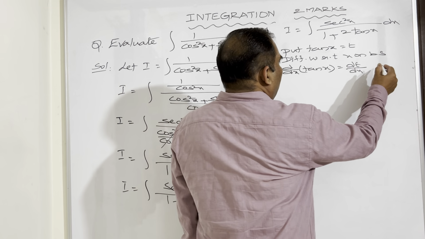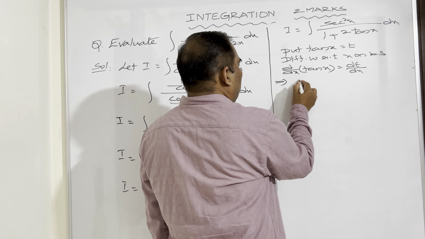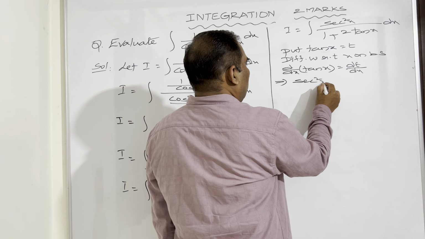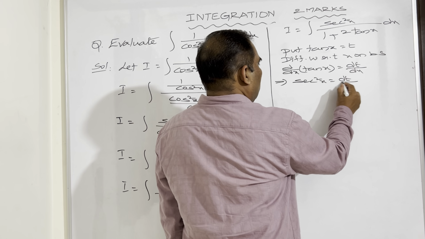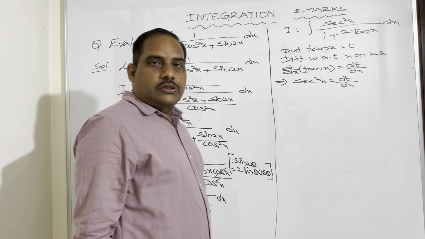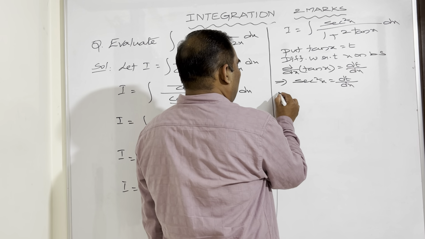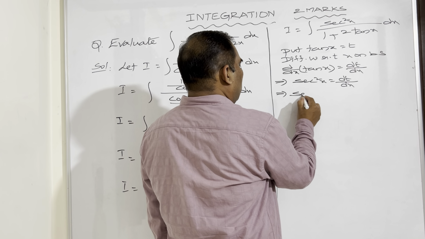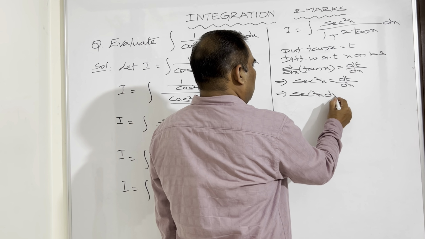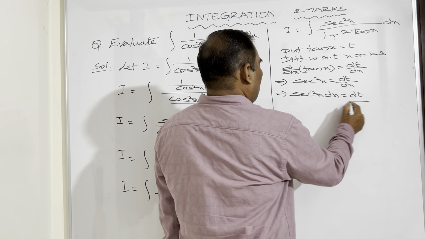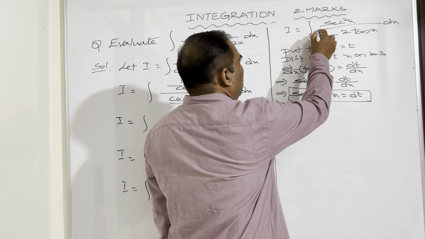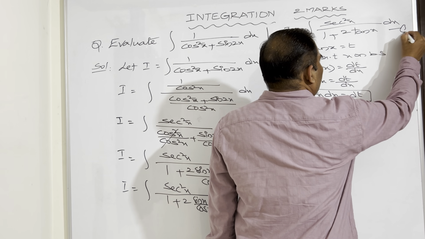Now we know that the derivative of tan x is secant square x. So secant square x is equal to dt by dx. By cross multiplication we get secant square x dx is equal to dt. Now in the given integral, we call this 1.